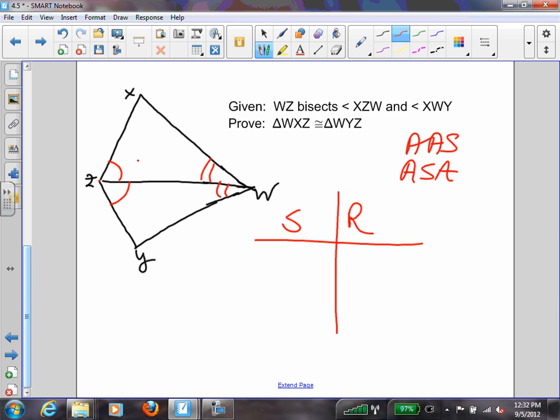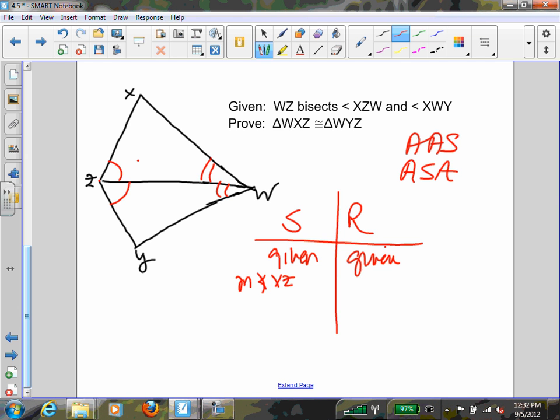Okay, so we know that we've got our givens, and we know then that the measure of angle XZW is equal to the measure of angle YZW.